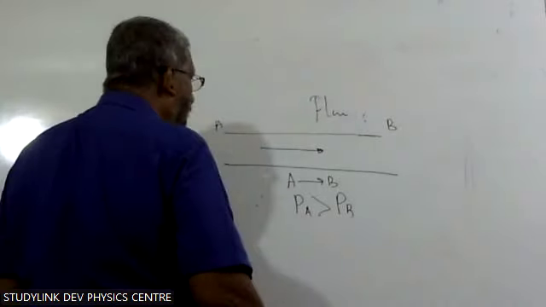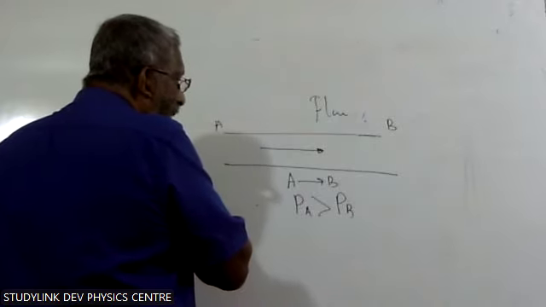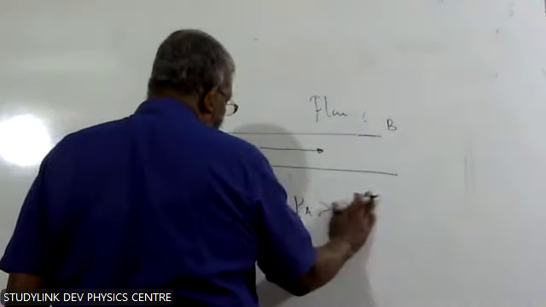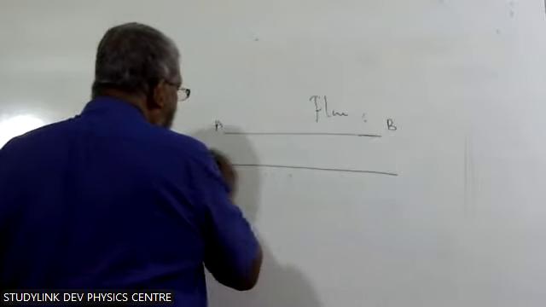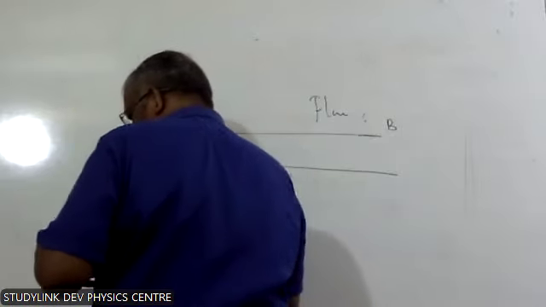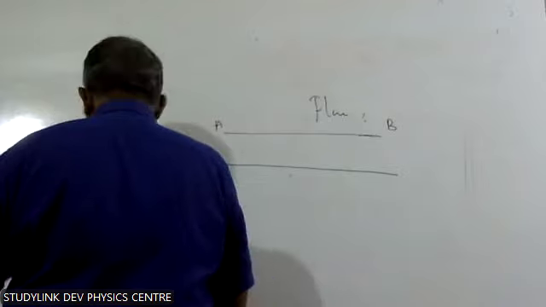Now we'll consider how the layers are in the pipe. The pipe has an axis in the middle.